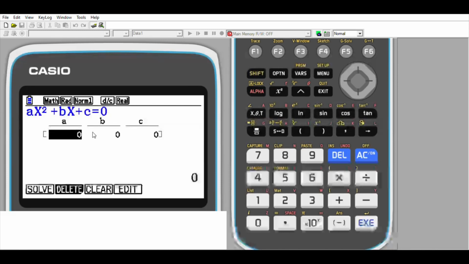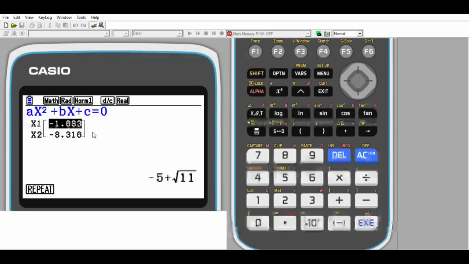In our case, the coefficient in front of the x squared is 1, the coefficient in front of the x is 10, and the independent term is 14. So once you've plugged in all the values, you click on execute, and there you have it. One solution is -5 plus root 11, and the other one would be -5 minus root 11.